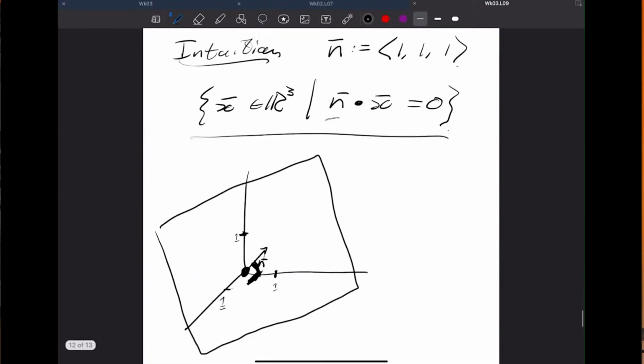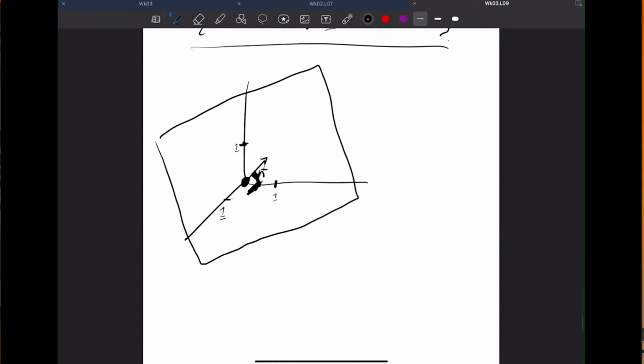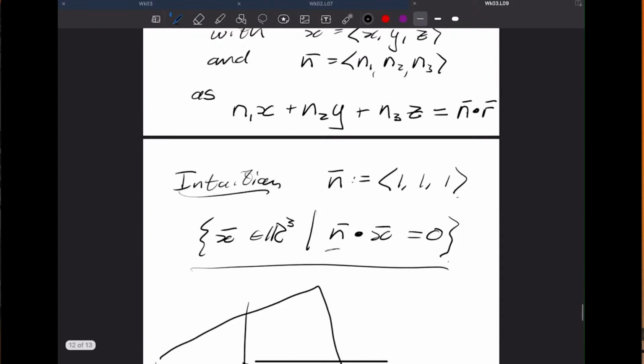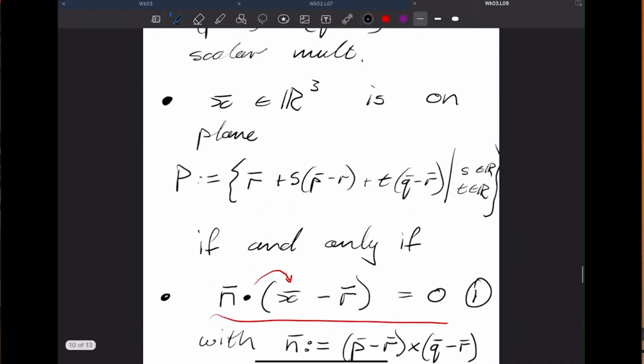However, we know that not all planes go through the origin. You can easily devise an example of a plane which does not go through the origin.